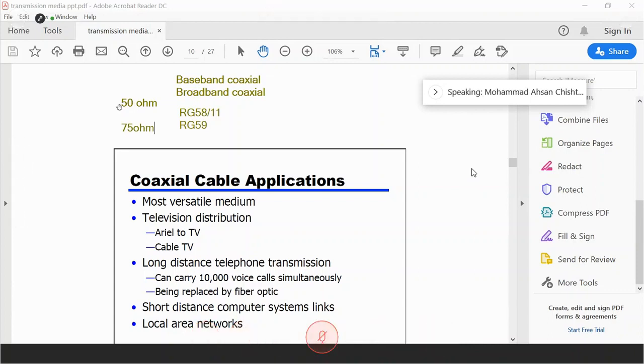What it has in the middle is a stiff copper wire. I'll try to draw the figure here. This is the center of it, which is the stiff copper wire. Then there is a surrounding of another layer, which is what we call an insulating material.